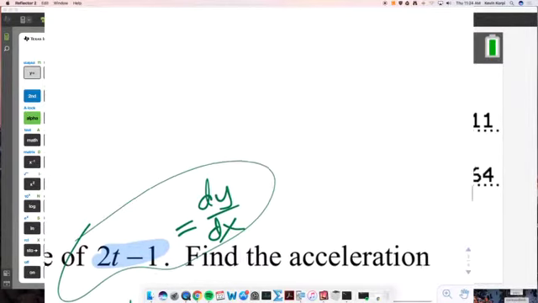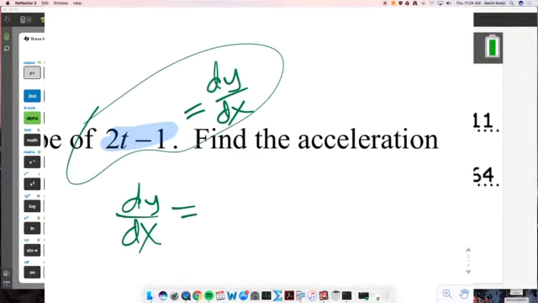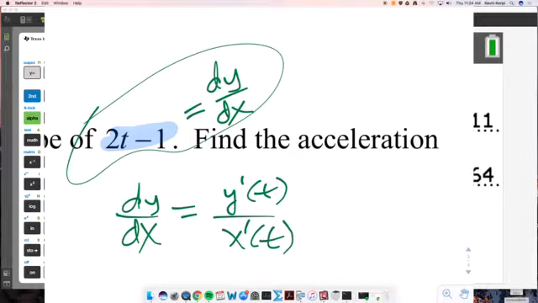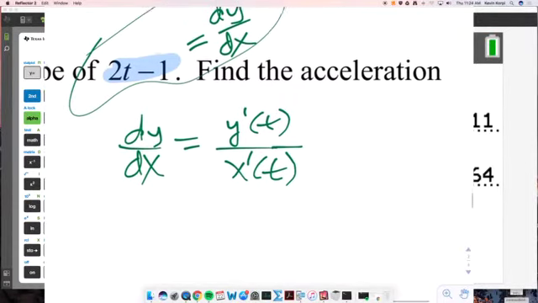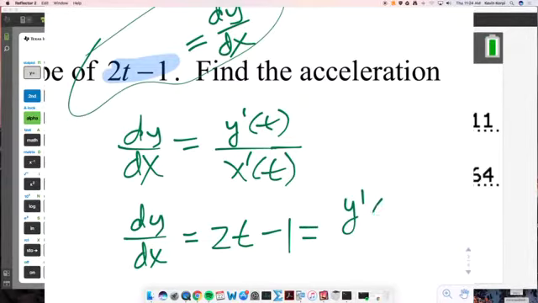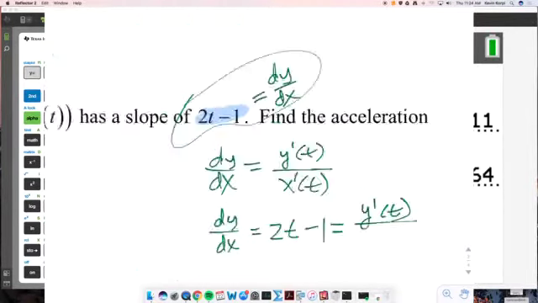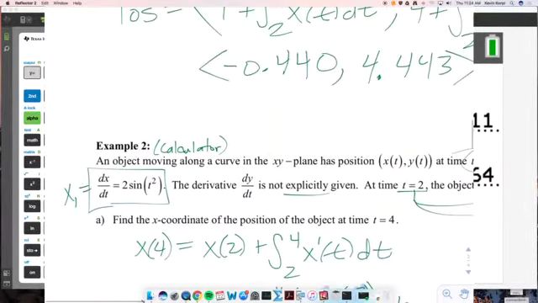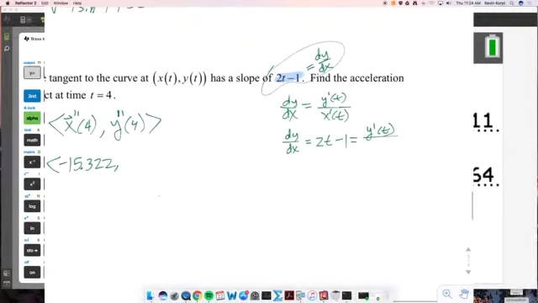dy/dx, we know dy/dx in general is y prime of t over x prime of t. Yes? All right. Let's plug in what we know then. dy/dx is 2t minus 1. They told us that, right? Which equals y prime of t over, do we know what x prime of t is? Yeah, it's 2 sine of t squared.